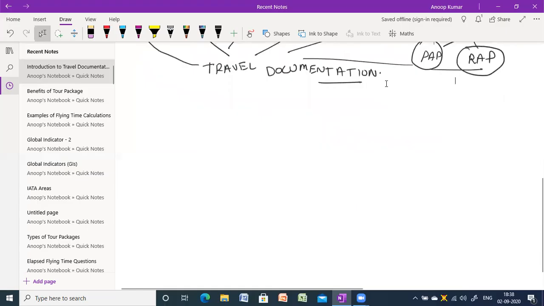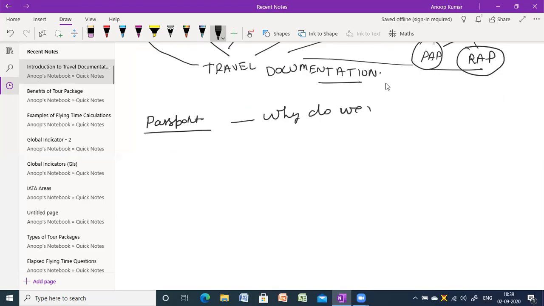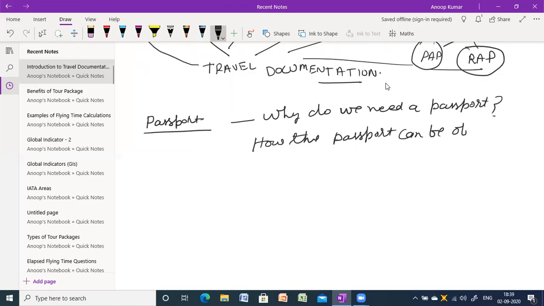What we are going to study in these specific topics: we have an entire unit on passport. We are going to study a lot of things on passport, like why do we need a passport, how the passport can be obtained, and what are the various types of passport.